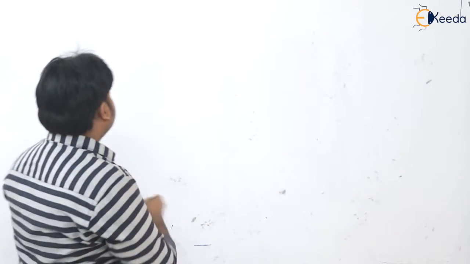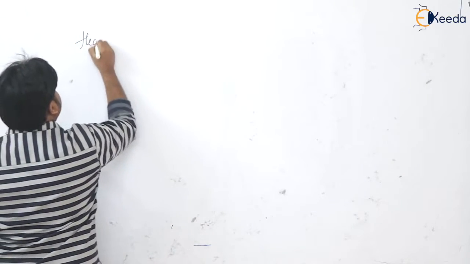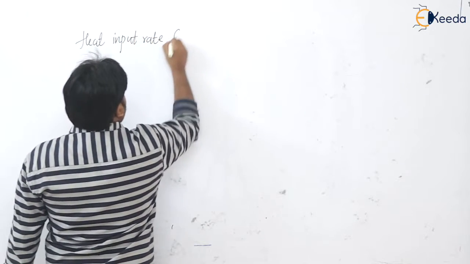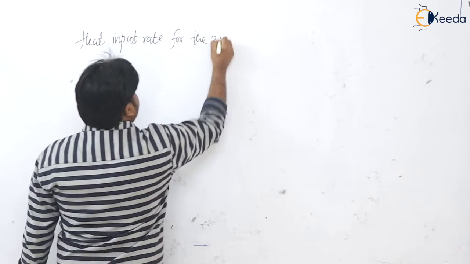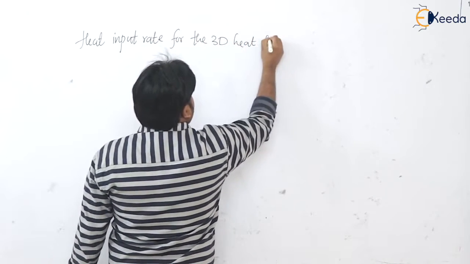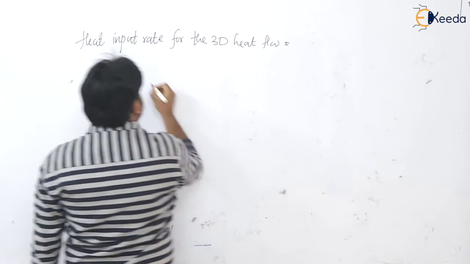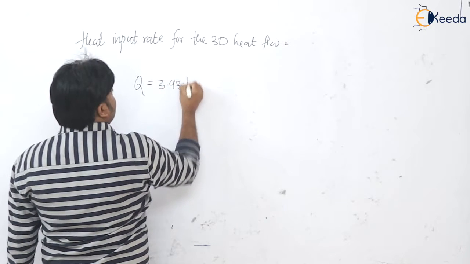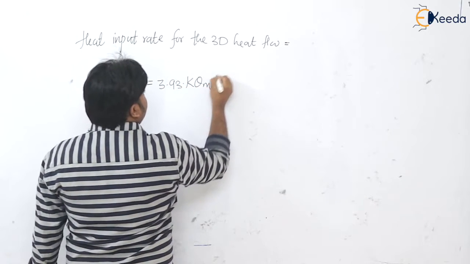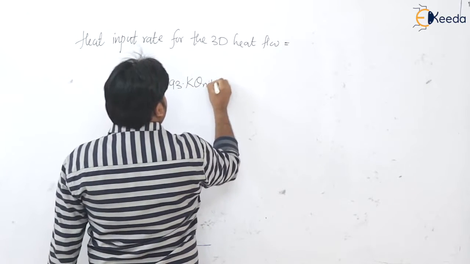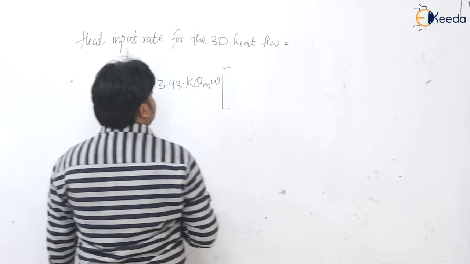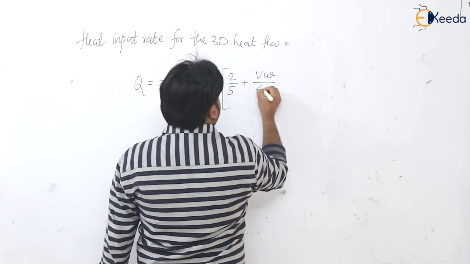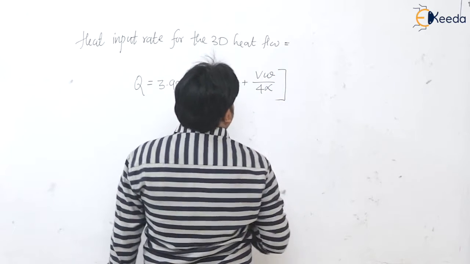So the heat input rate for the three-dimensional heat flow is given as Q equals 3.93 K theta m W into bracket 2 by 5 plus VW divided by 4 alpha.